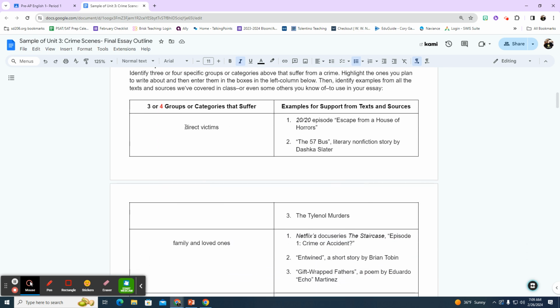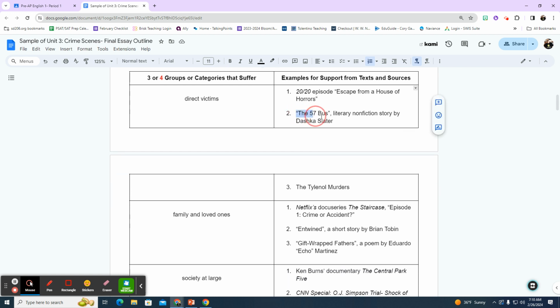So when it comes to direct victims, for me, I decided to use these three examples. I decided to use the 2020 episode Escape from a House of Horrors because I thought there were some great examples of direct victims who were highly affected by the crime that was committed. I decided to choose The 57 Bus by Dashka Slater because I thought that had a really strong example of a direct victim that was affected by the crime.